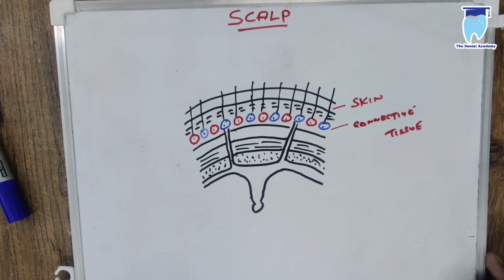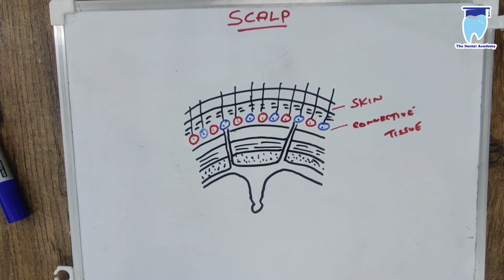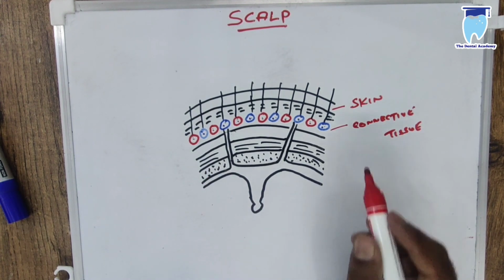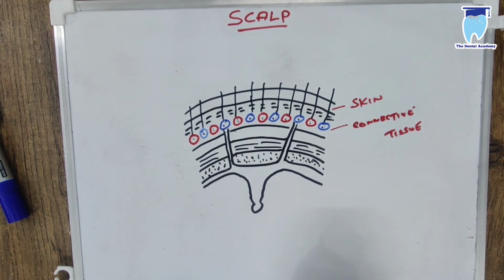This is a very dense fibrous layer and it has blood vessels and nerve supply. The arteries are marked by red and the veins by blue. This layer also has all the nerve supply that is coming into the scalp.